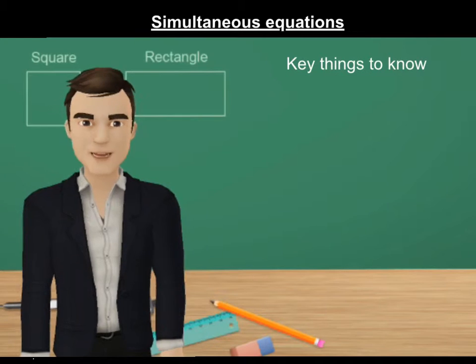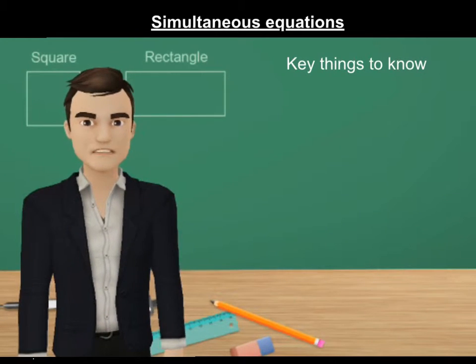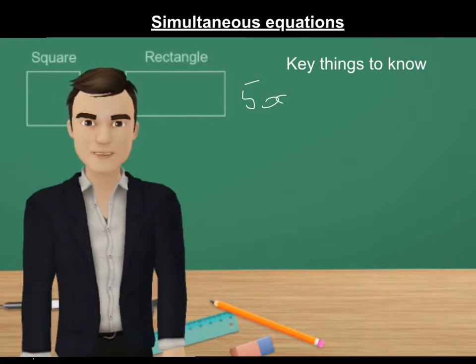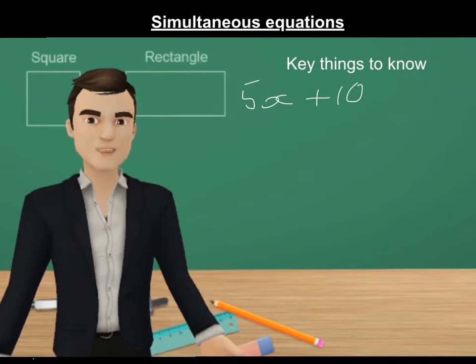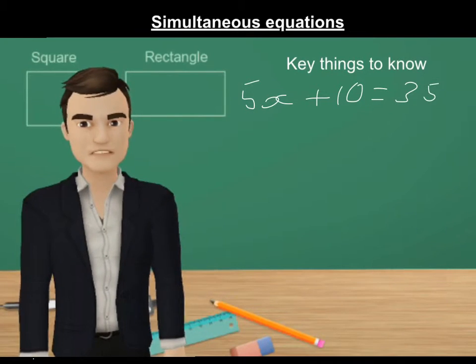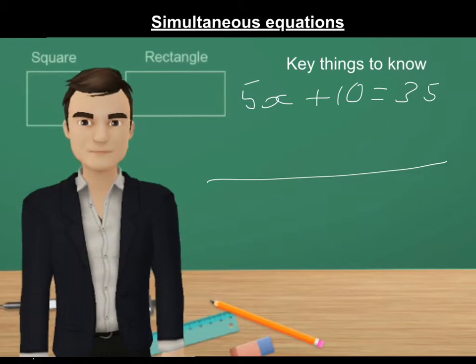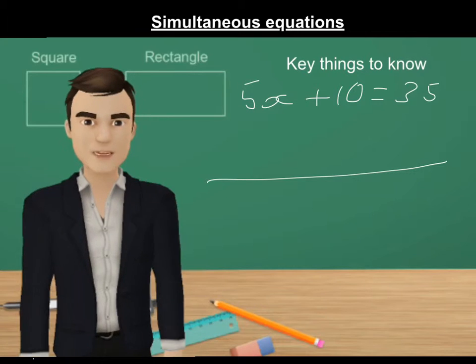So there are a couple of key things to know before we try a simultaneous equation. Firstly, you should make sure that you are happy solving normal, simple linear equations, like those that we were doing earlier in the week. Secondly, you need to make sure that you know that anything take away itself is equal to 0.